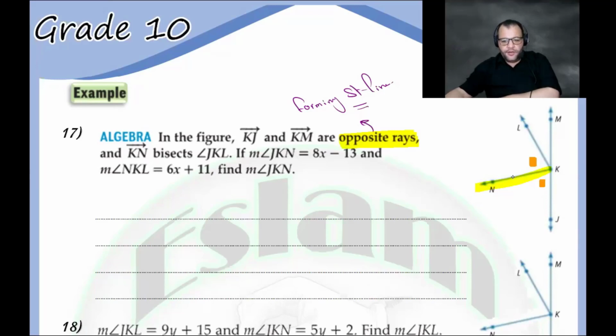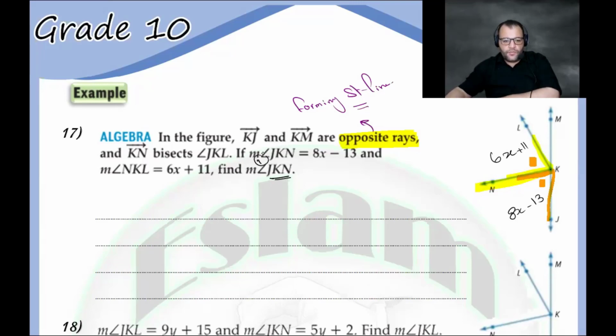Where is JKN? This one is 8x minus 13. And the measure of angle NKL, this part, is 6x plus 11. We need to find the measure of angle JKN.